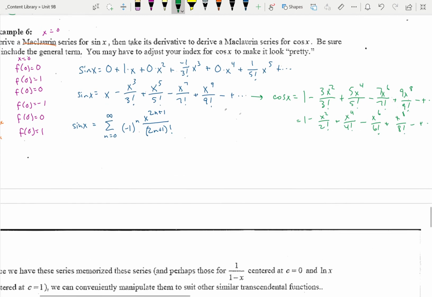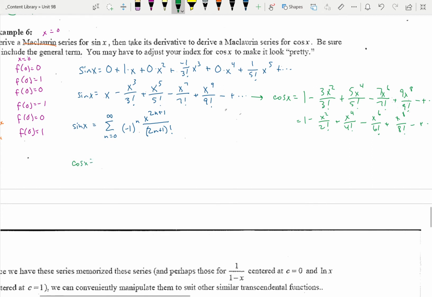So we can say that the cosine of x equals, well, let's see, we don't want to have that plus 1 anymore, do we? We just want to have x raised to the 2n over 2n factorial. We're just interested in the evens. We're still starting with a positive, so we want negative 1 to the n, as long as we start with n equals 0.